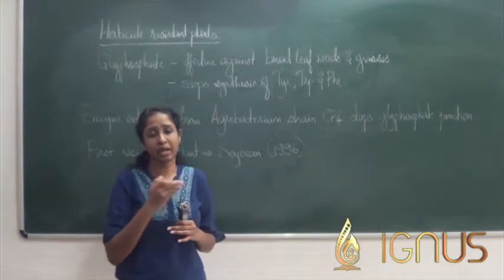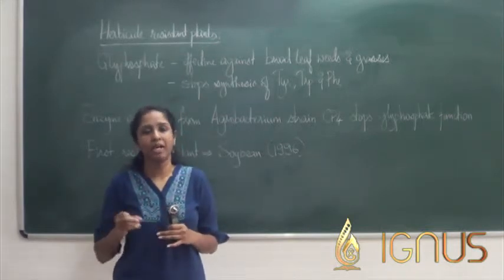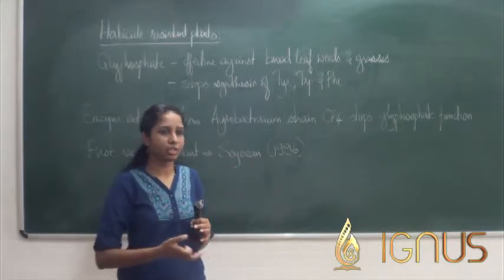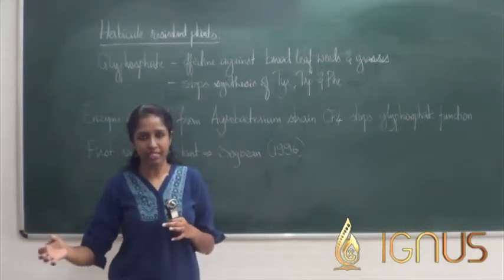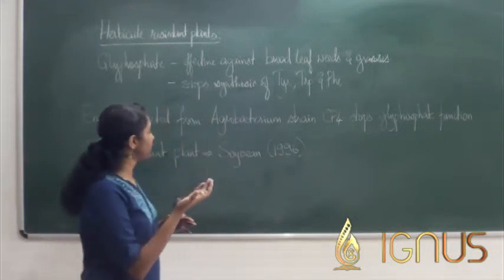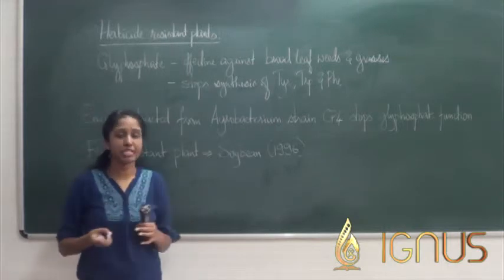Because these 3 amino acid synthesis is stopped, a functional protein cannot be synthesized within the cell. If proteins are not there, then the cell eventually dies out, and that eventually leads to the death of the weed, in which case it is broadleaf weeds and grasses.